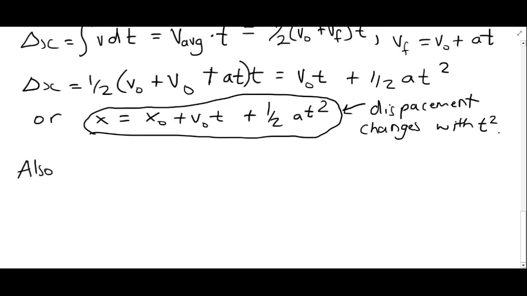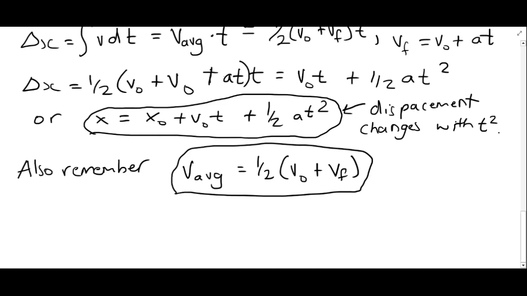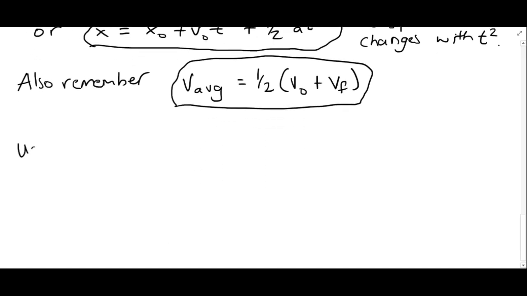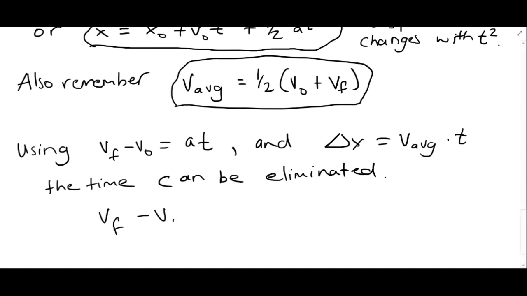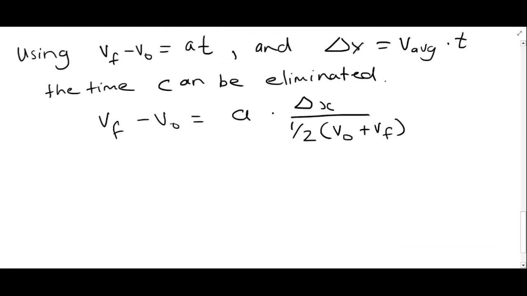Also remember that the average velocity, which we have shown above, is equal to half v0 plus vf. Now, if we were to use the formula vf minus v0 is equal to at, as well as delta x is equal to the average velocity times t, then the time can be eliminated, and now we have vf minus v0 is equal to acceleration times the change in displacement divided by half v0 plus vf.